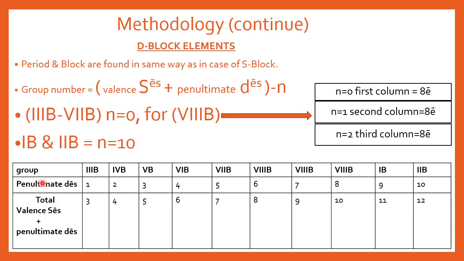Now come to the penultimate d electrons. In the case of 3rd B, you will find a single electron in the penultimate d orbital. In the case of 4th B, you will find 2 electrons in the penultimate d orbital, and likewise in 5th B you will find 3 electrons, up to group 2nd B, where you will find 10 electrons in the penultimate d orbital.